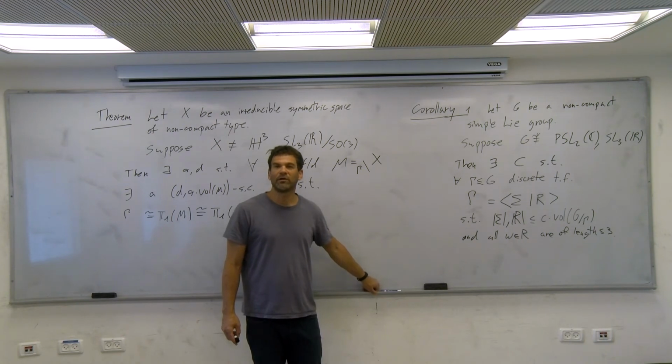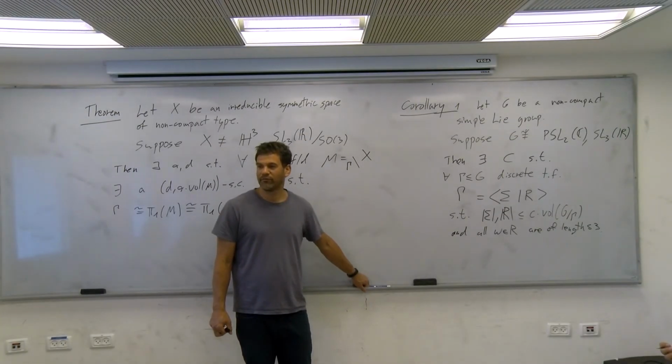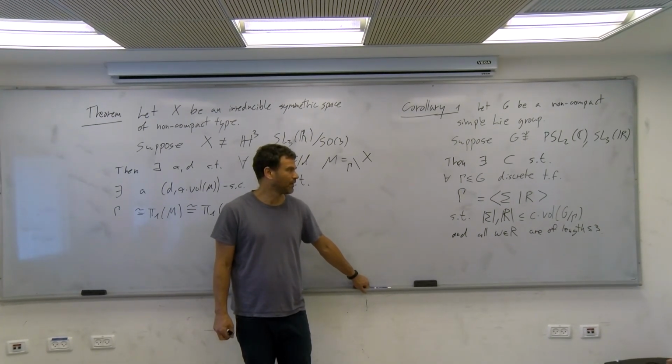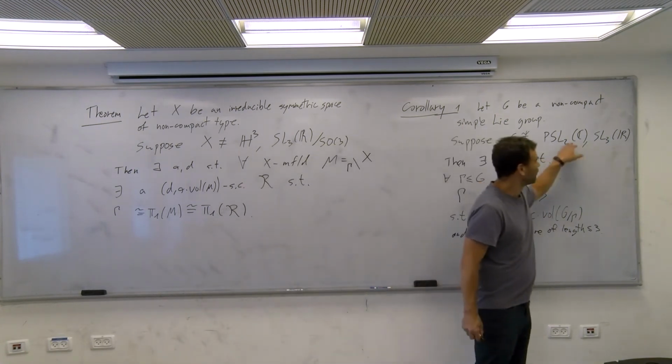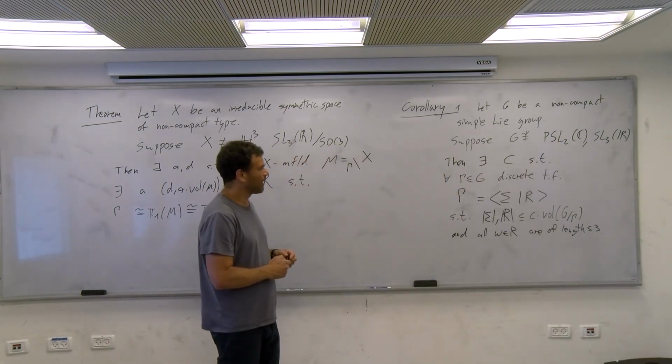At the moment, I cannot bound the number of relations, but I think it's okay. I think I can say maybe also something about the number of relations, maybe if I add a few more exceptions. But later we will get to that.